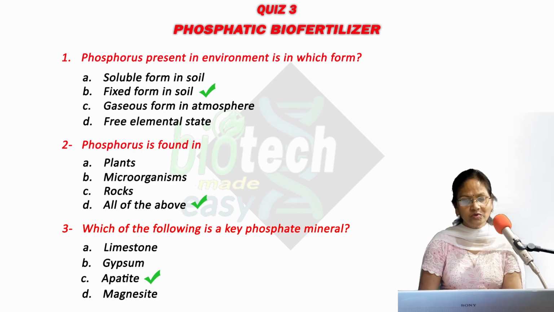Limestone and gypsum are very common types of minerals, but limestone is basically calcium carbonate, gypsum is basically calcium sulfate, and magnesite is the ore of magnesium. So these are not the ones, and we are looking for apatite. So C is the right answer.